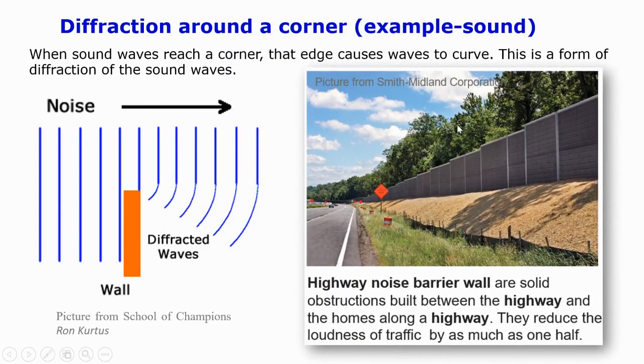Another example of diffraction going around a corner is the highway noise barrier wall, which is a solid obstruction built between the highway and the homes along the highway. This wall reduces the loudness of traffic by as much as 1/2.